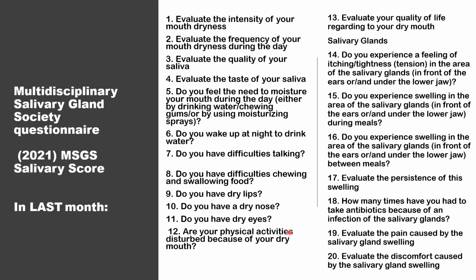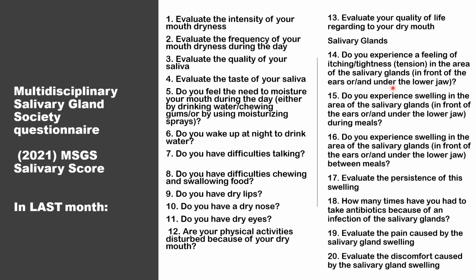The first 13 questions are very similar to the last two scoring systems, but it has another section related to problems of the salivary glands itself, like if the patients feel any sense of tightness or itching in the salivary glands, or experience swelling in between meals or during the meals, or have any persistent swelling, or if they have to take antibiotics for salivary gland swelling, and if the pain caused by this swelling needs to be evaluated, or if they have any discomfort by the salivary gland swellings.